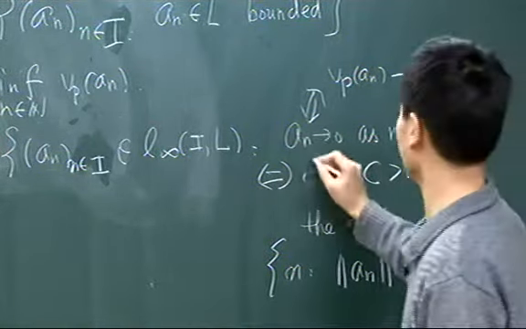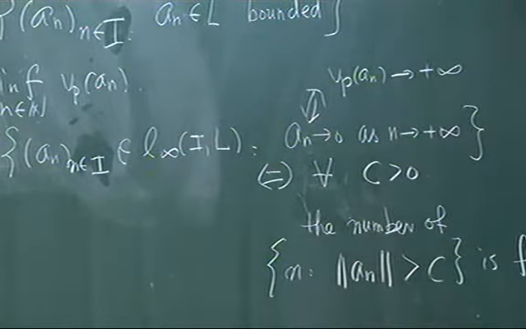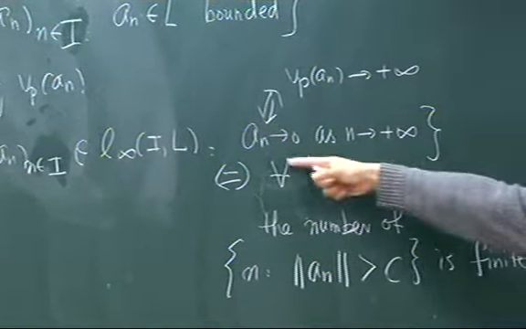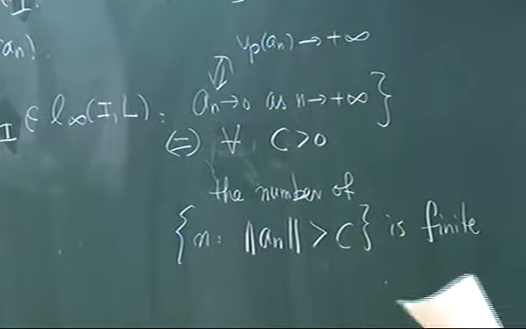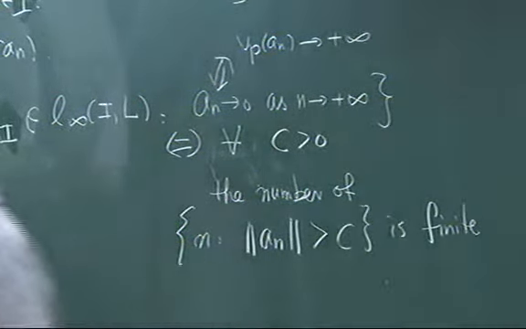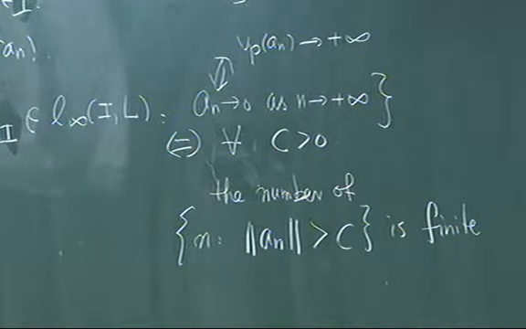This is for any c bigger than 0. So that's the meaning of n goes to infinity, because you don't have infinity here. It's indexed by I. So you have this kind of notation.